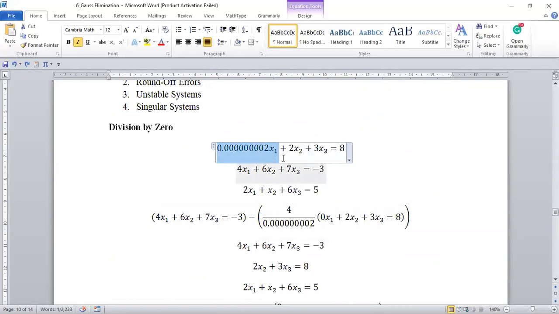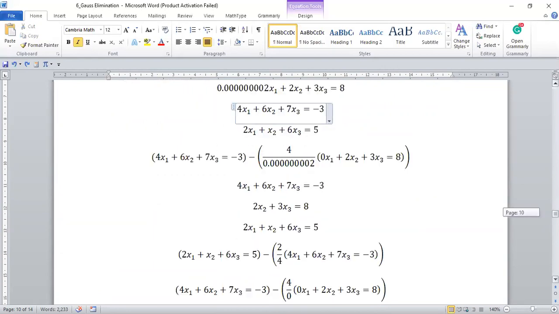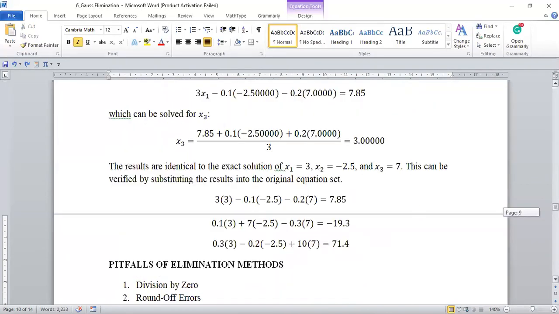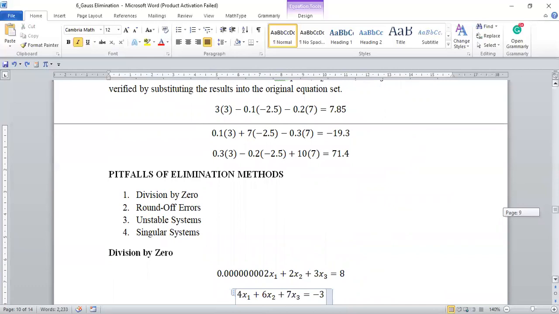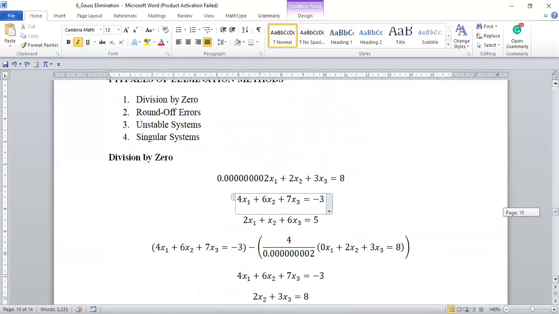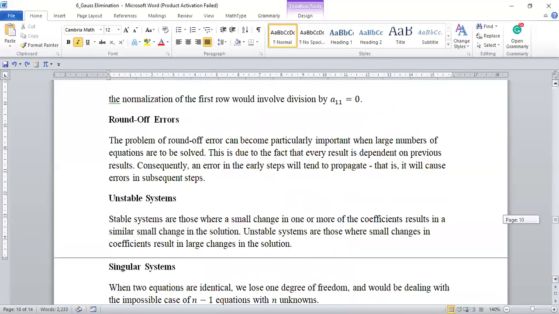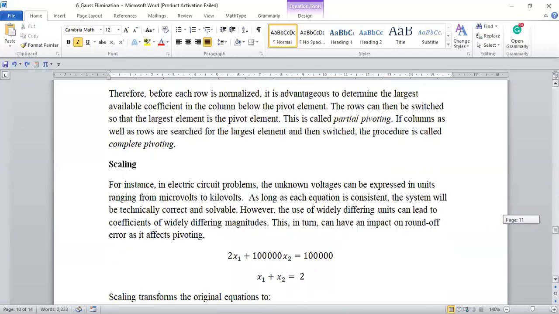If you just solve it without even looking at it, then obviously you are doing the wrong thing. Also, if your first term, the pivot coefficient, is very, very small, you should interchange. So the summary is that for Gauss elimination, don't just start solving it directly. Just look at it and try to do the adjustments, because if you don't do the adjustment, then obviously you fail the question.